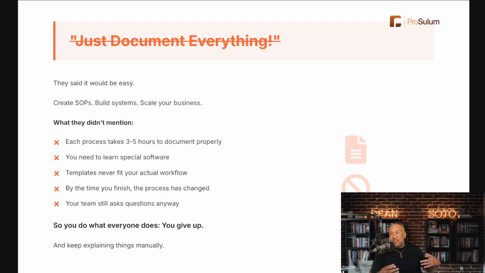So when somebody like myself says, yeah, just document it, just document everything, just explain what you do and get it documented, it's easier said than done, right? Because if you've ever documented a process, ever made a standard operating procedure, it is daunting. And you pray, you hope that nothing changes, because if it changes, then you have to do it all over again, right?